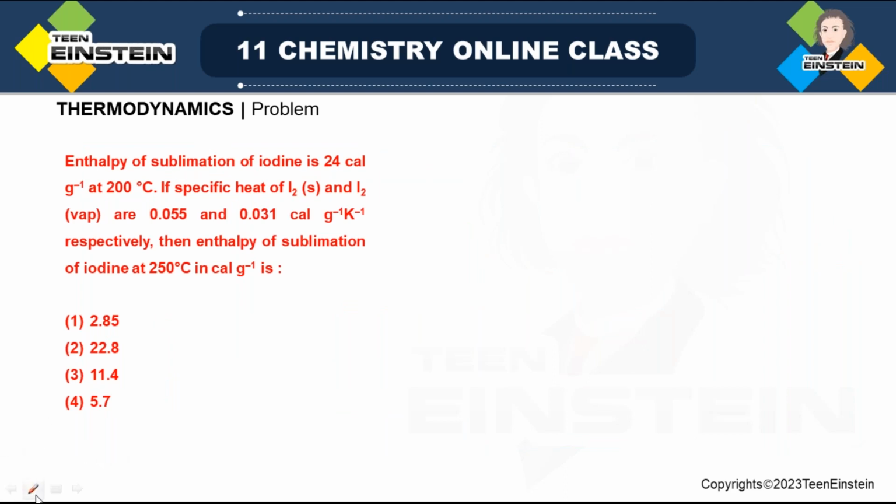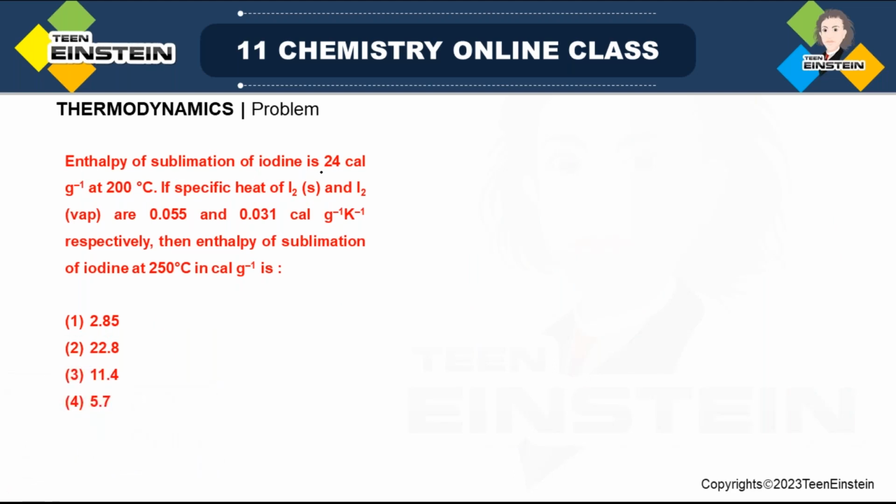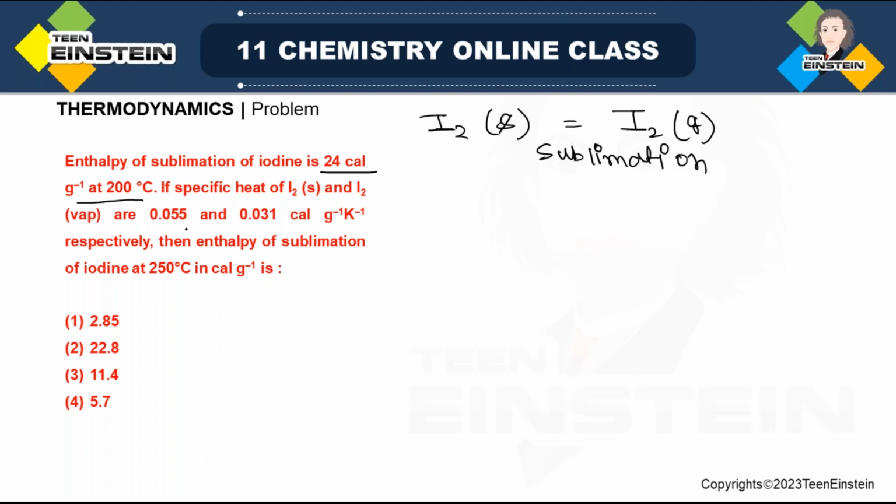So this question is saying that enthalpy of sublimation process for iodine. Sublimation process of iodine means iodine from solid state is converted to gaseous state directly. So this is sublimation. Now here it is mentioned the enthalpy of sublimation of iodine is 24 calorie per gram at 200 degrees centigrade.